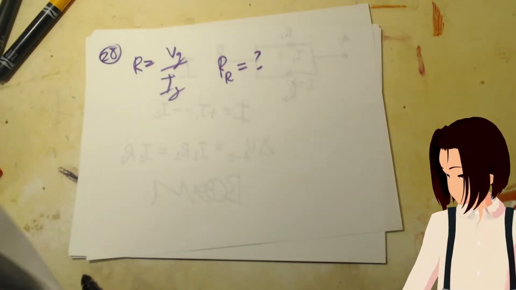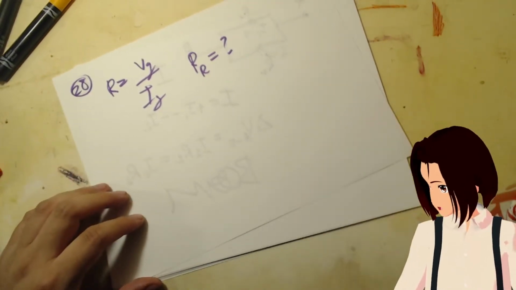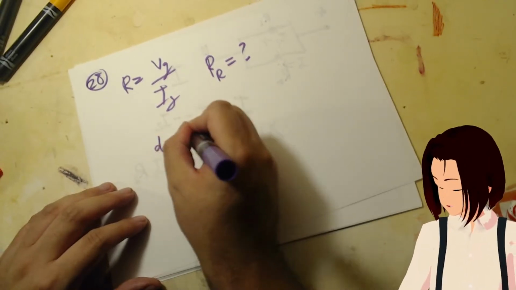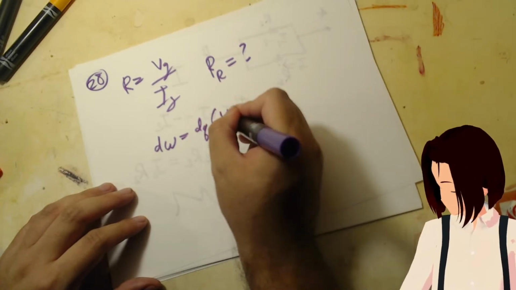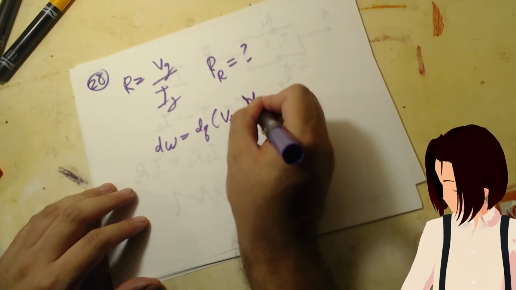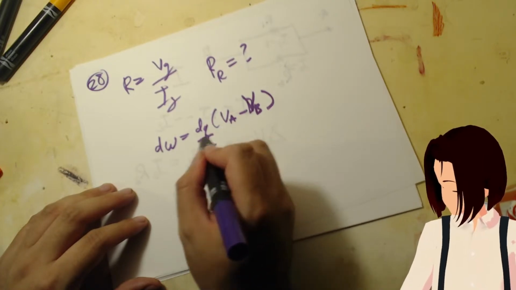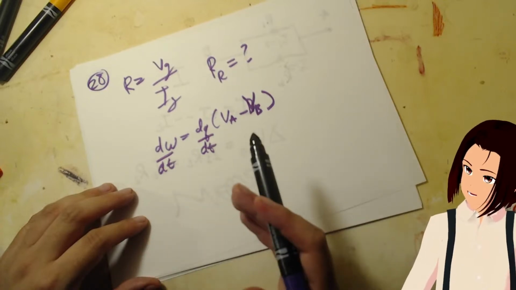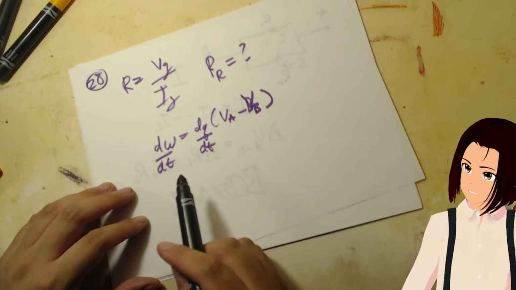So we have dW, the dq charge, times VA minus VB, as a function of time. What I just did is a mortal sin, so please forgive me.